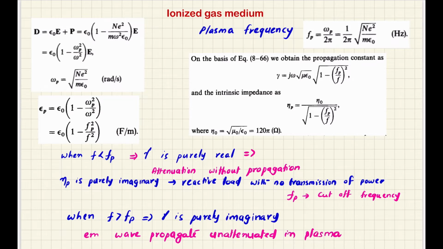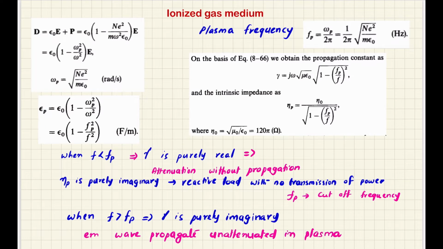Now in epsilon 0 E plus P, you can substitute the polarization expression, and you can take the electric field outside, and you will arrive at this expression. And you know, in a linear medium, you can write the electric displacement as epsilon times E. So this epsilon, we call it epsilon p.